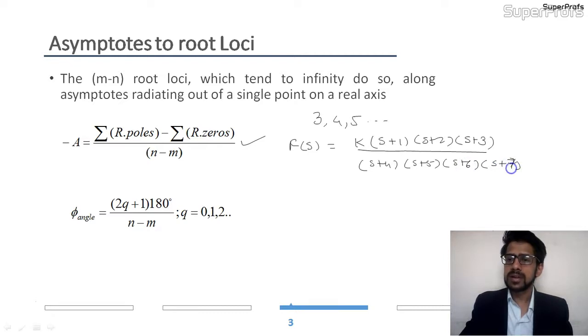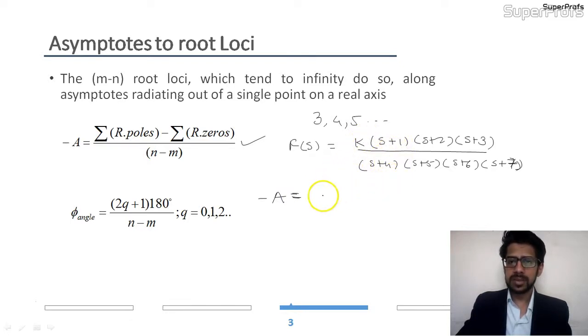Now we take the summation of the real parts of the poles, subtract the summation of the real parts of the zeros, and divide by n minus m. So let us do that.